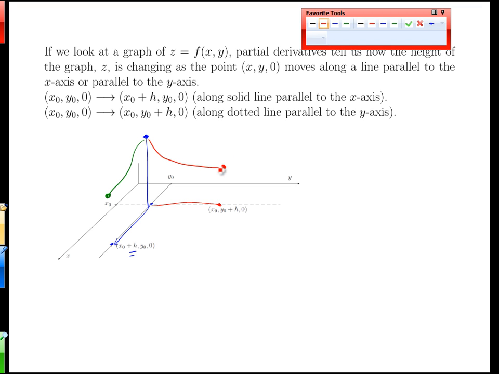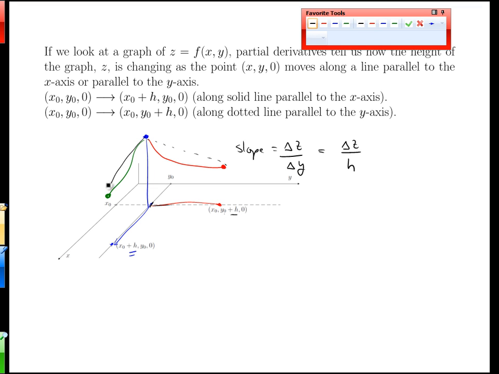We can do that same transition in two directions. Okay. Now, how would we define the slopes? Well, the slope would be the delta z over the delta y in this case, if we're going this way. But that is the change in z over, well, it's just h. Here I'm at y naught, and then I take a big step out to y naught plus h.